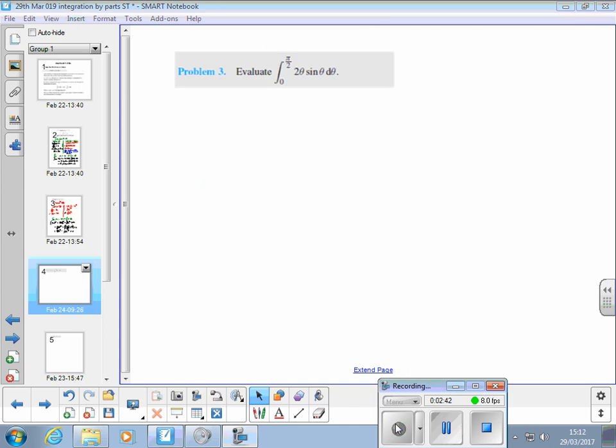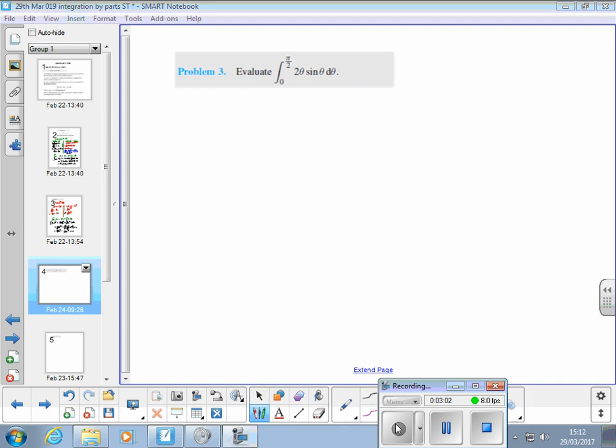What you would do here is find the indefinite integral and then do the evaluation of that at the end. So let's have a go.